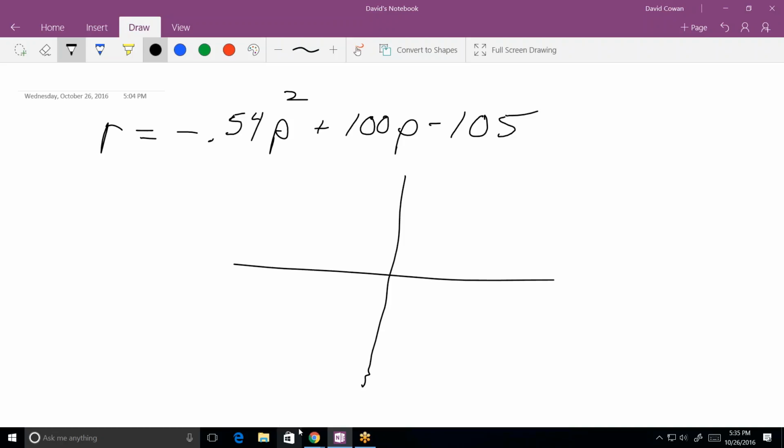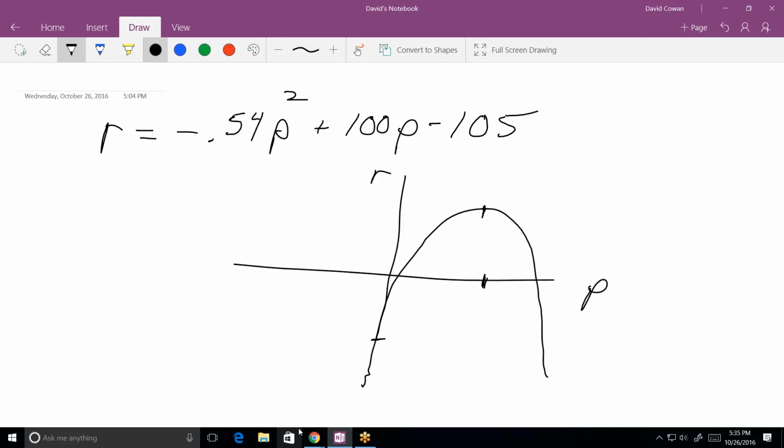Right. So this is the p-axis. This is the r-axis. I know that when p is 0, we're down here. So most likely we've got something that looks kind of like this. And that point right there, the vertex, will be where revenue is maximum. So that's what we need to solve for.